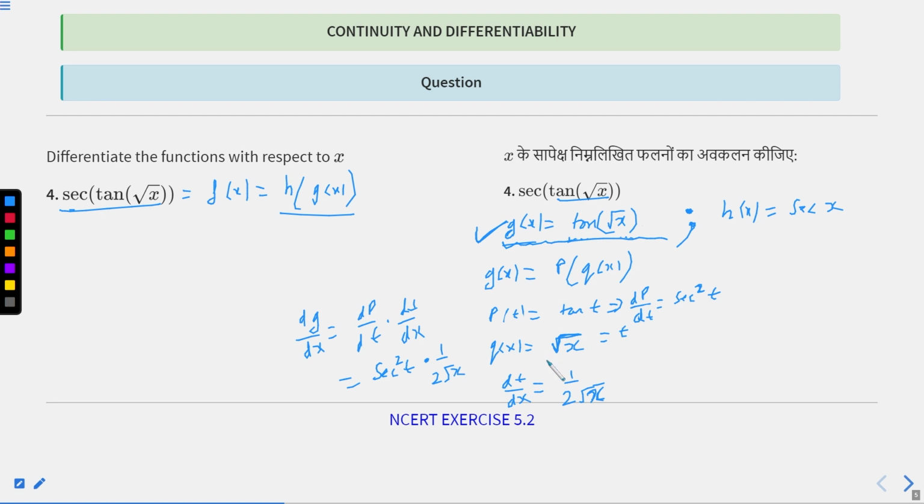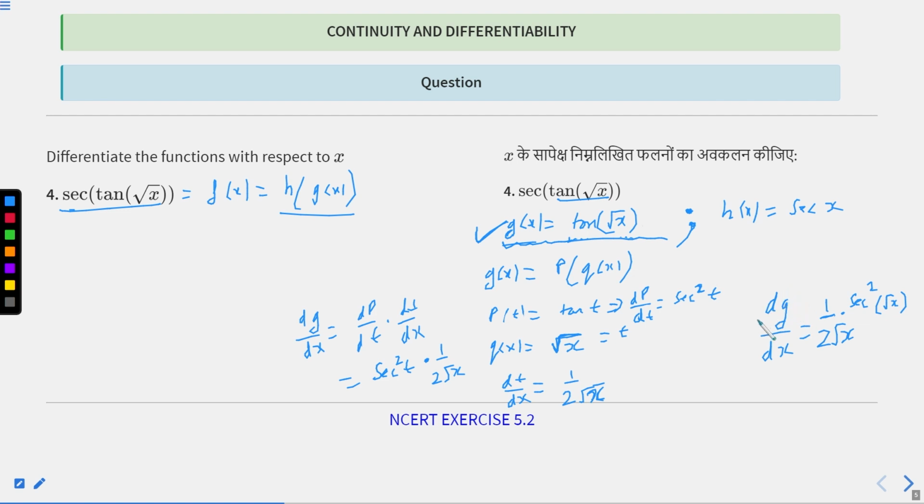Now replacing t back, dg by dx will be 1 by 2 root x multiplied by sec square of t, which is this form. I hope it is clear.